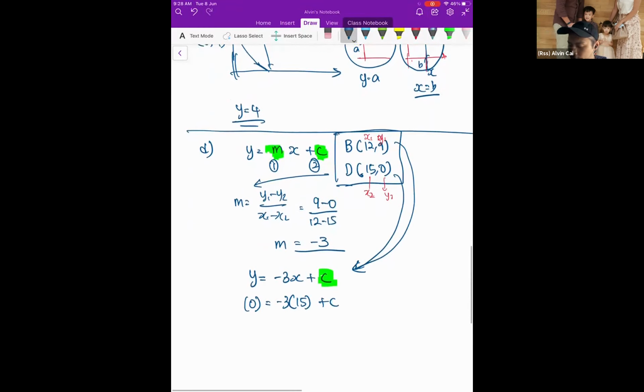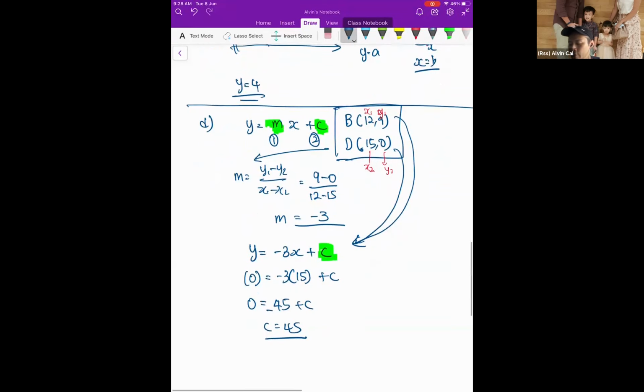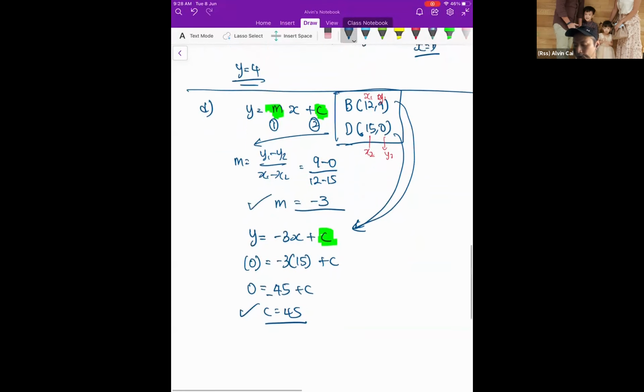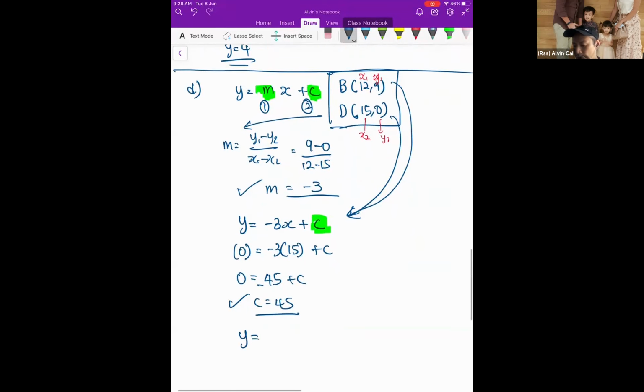Therefore, 0 equals minus 45 plus c, so c is 45. Don't leave this as your final answer. You found your m, you found your c, you need to put it back in your equation. So y equals mx plus c, which is y equals minus 3x plus 45. Answer. That would be your equation of the line.